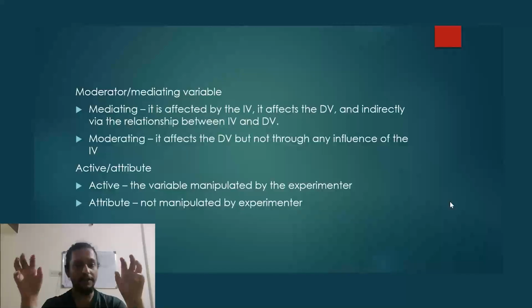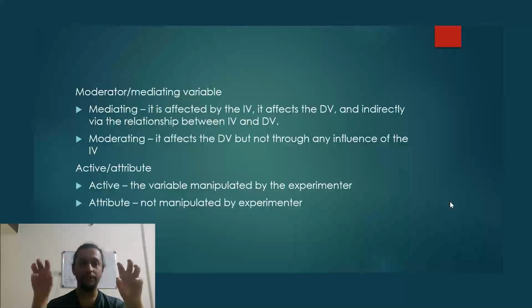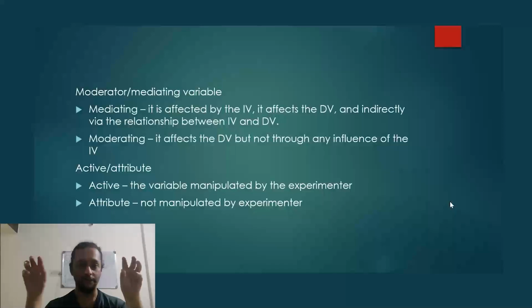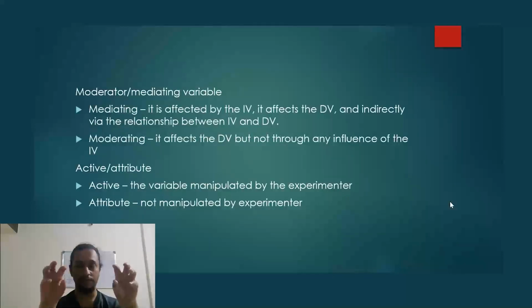A moderating variable, on the other hand, is a variable that affects the dependent variable but does not interact with the relationship or the independent variable. So for example, in this case, there's basketball and attention, right? You have removed the mediator, so now you know the exact relationship between basketball and attention.